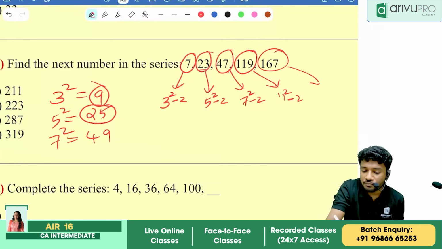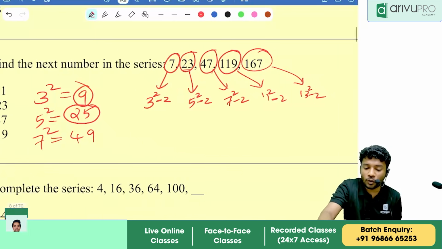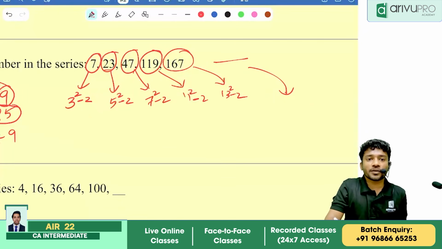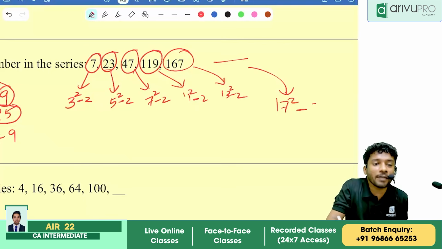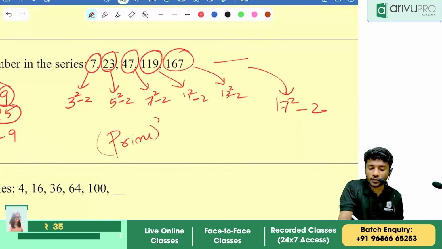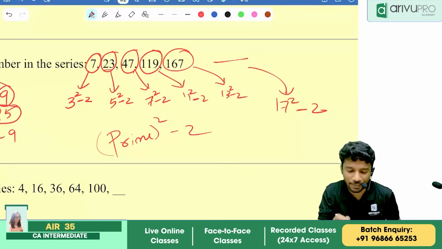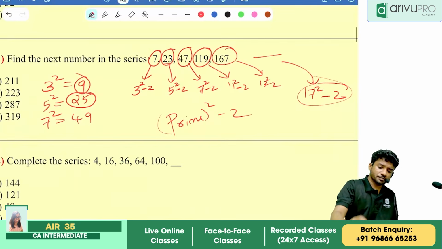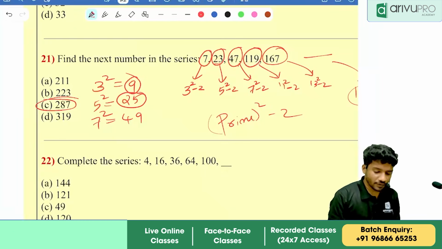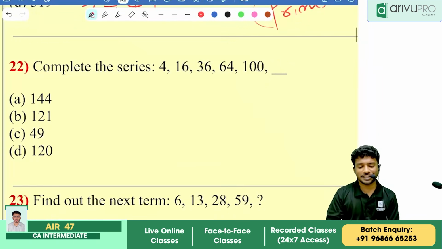This is what? 13 square minus 2. Who will be the next number, people? 17 square or 15 square? 17 square minus 2. Why? Because for prime numbers, square minus 2 is the pattern. 17 square is how much? 289 minus 2. 287.